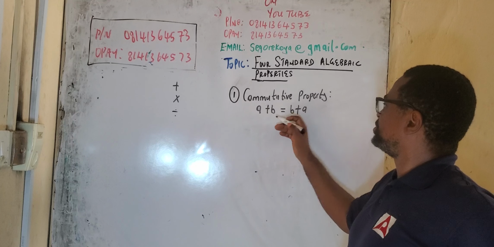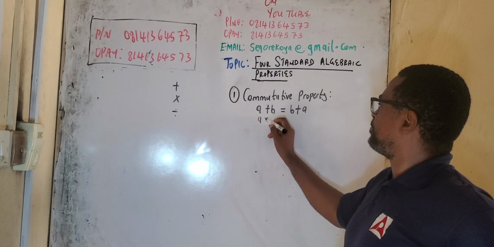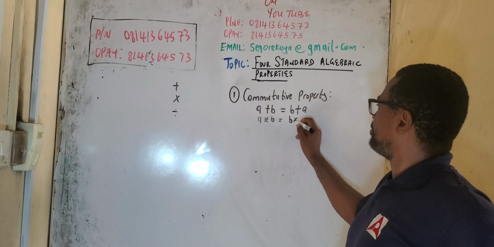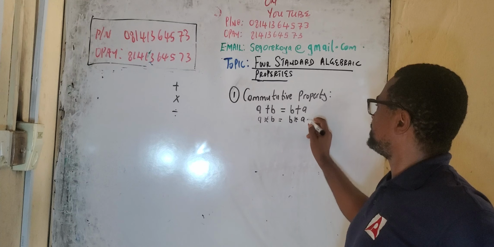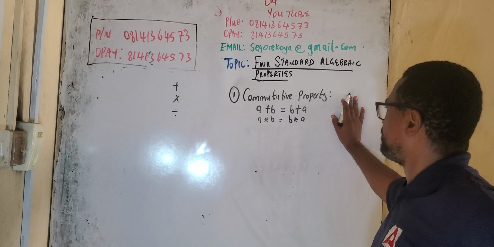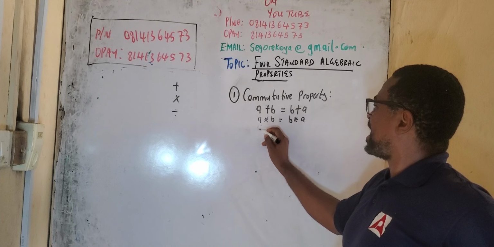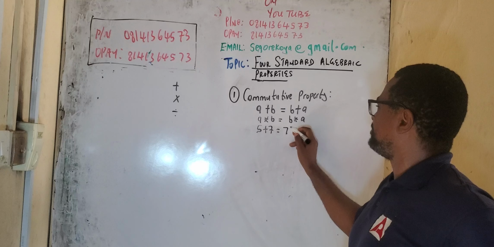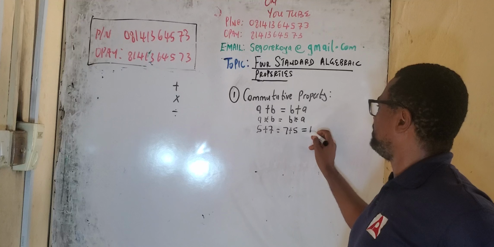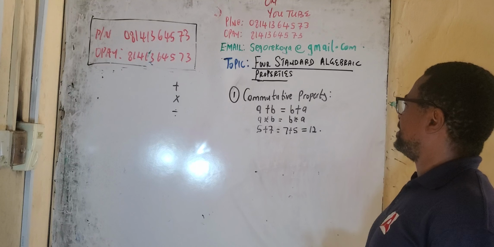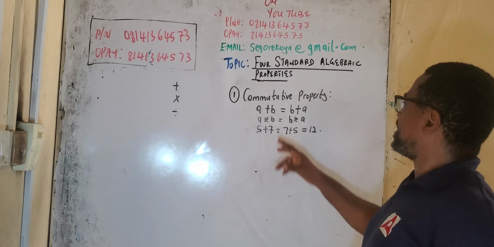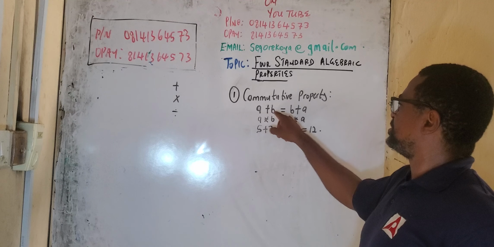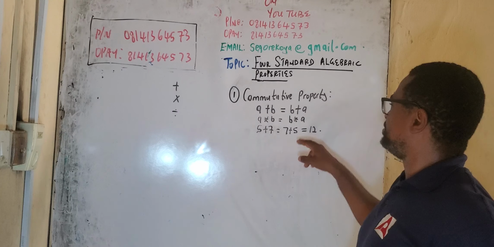Using a binary operation, we can write it as A operation B is equal to B operation A. Example, 5 plus 7 in mathematics is the same thing as 7 plus 5, which will give us 12. So that means mere exchange of these elements in this arithmetic operation does not change our result.